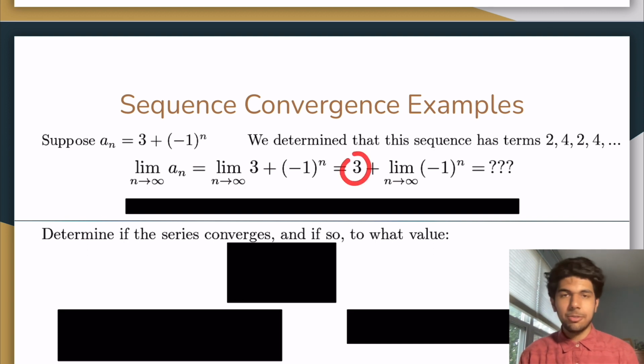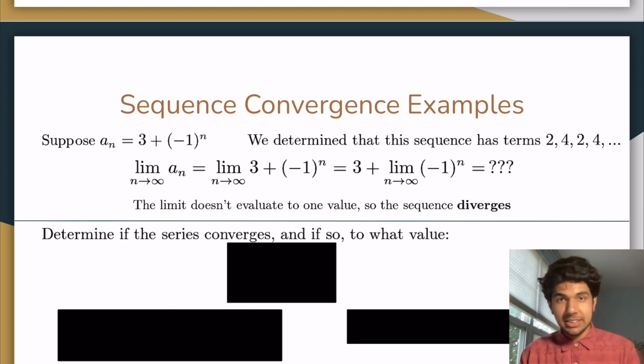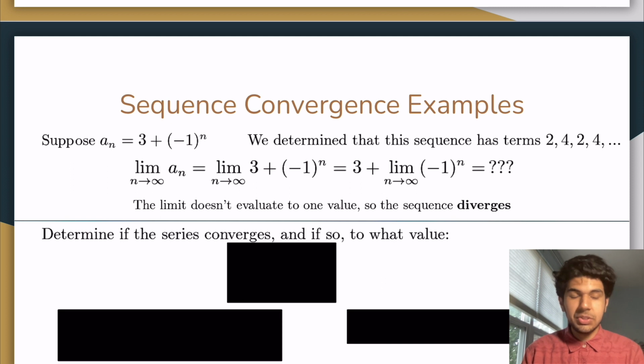Let's bring the 3 out front, because the limit as n approaches infinity of a constant is just that constant. And then we're left with the limit as n approaches infinity of -1 to the n. But what's that equal to? -1 to the n oscillates between -1 and 1. It goes back and forth, back and forth. It doesn't really have a limit. And so in this case, we would have to conclude that the limit does not evaluate to one value, so the sequence diverges. So let's take a look at a different example.